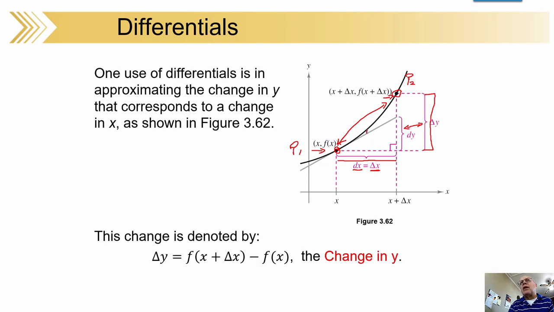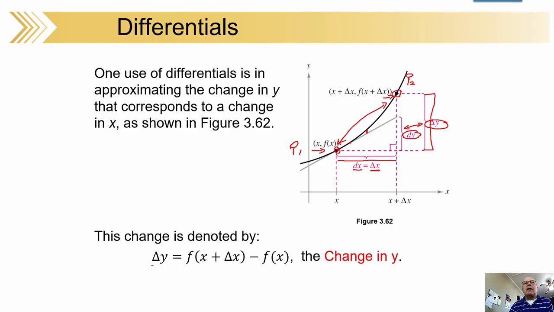If you look at here, the difference between delta y and dy is very small. The further you get away, the bigger it is. If you get in here pretty close, you can basically use dy as delta y if you want to. They're almost exactly the same.